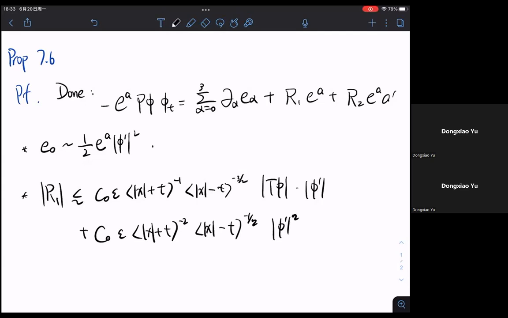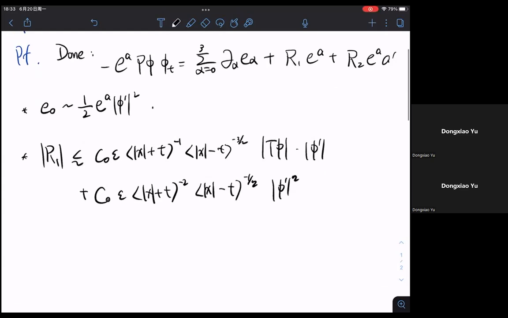To finish the proof of the energy estimate, we also need to estimate this R2. For R2, we actually prove that it has a lower bound. So unlike R1, where we estimate the upper bound for the absolute value, for R2 we just prove a certain lower bound, which is enough for our proof.